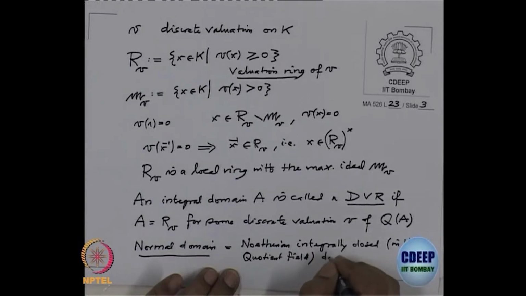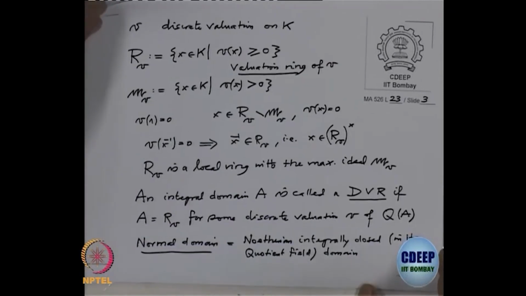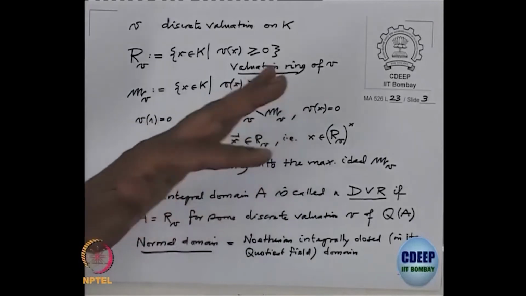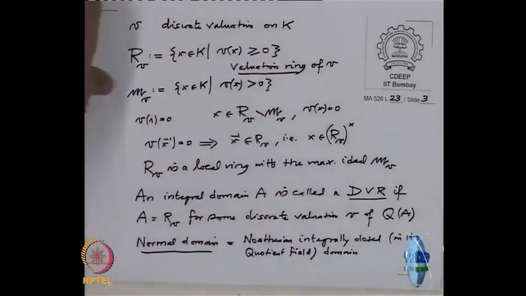Then it is called a normal domain. Now we want to see what is the relation between DVR, normal domains and dimension and so on.